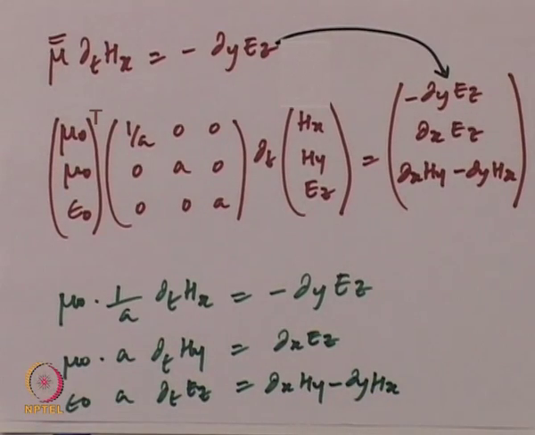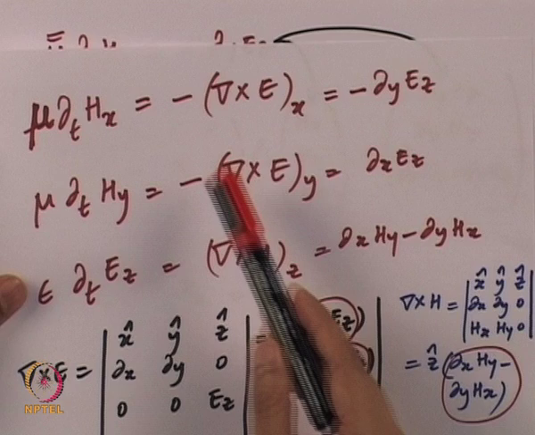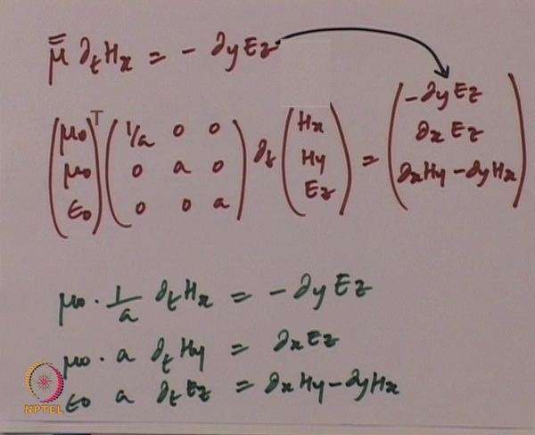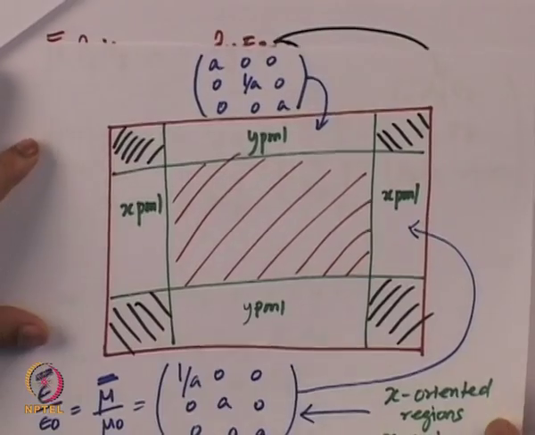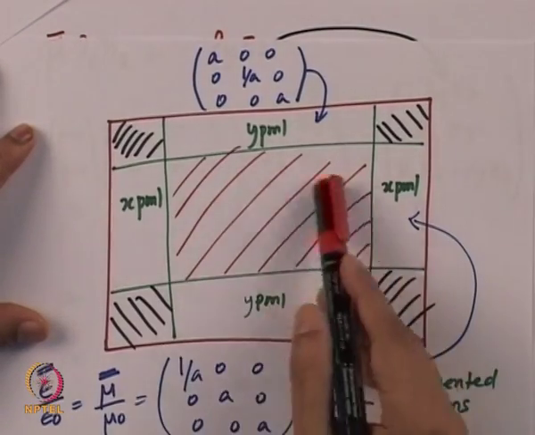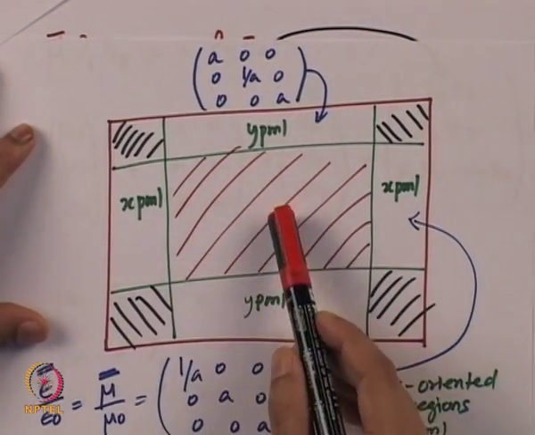So you might wonder, why am I multiplying this for the Maxwell equation? The Maxwell equation, the curl equations, are only this. Why am I multiplying this particular term? I am doing that because the Maxwell equation is only valid in this domain where I have marked it as red.